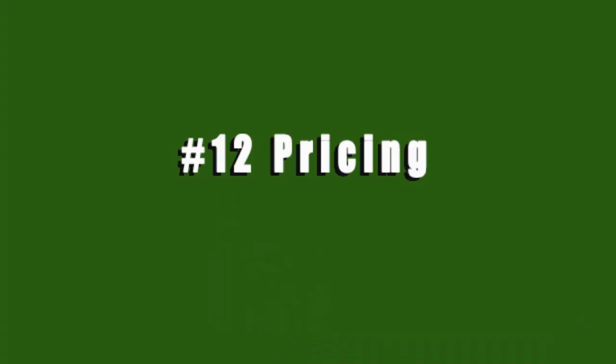The 12th and last point is pricing and total cost of ownership. Pricing is always important. Whenever we do the RFP, we do two RFPs. One RFP is where all the functionalities are there, and the second is the financial RFP.